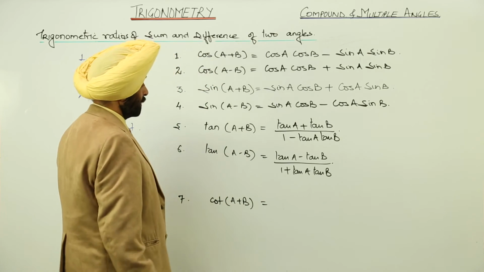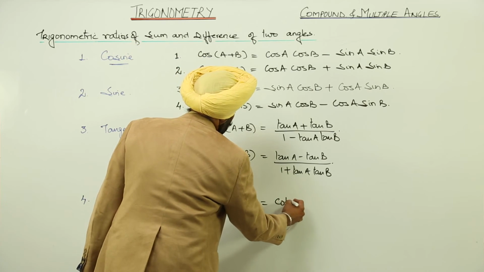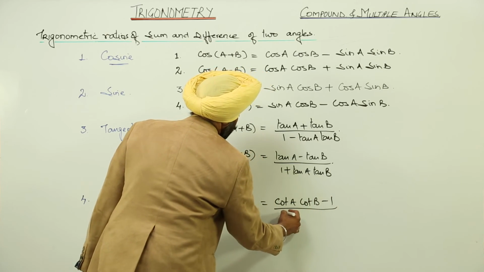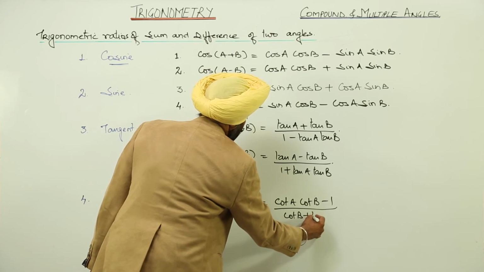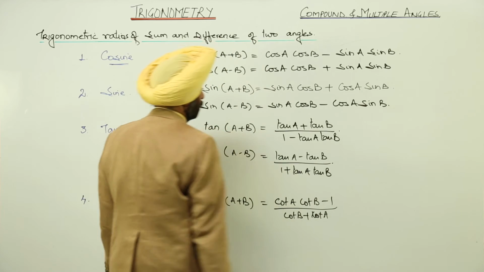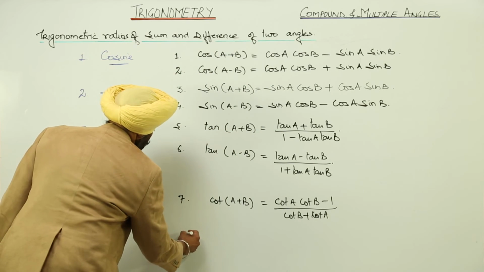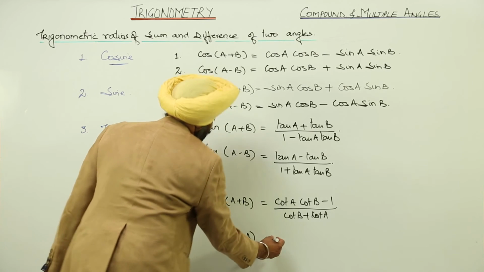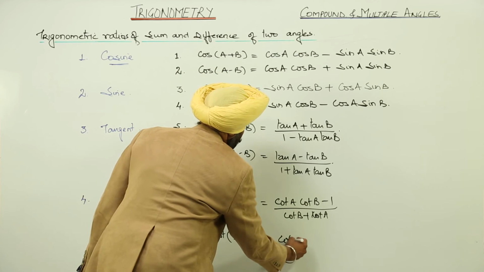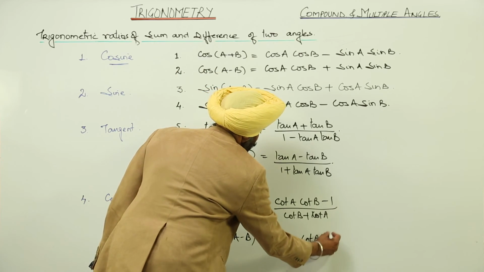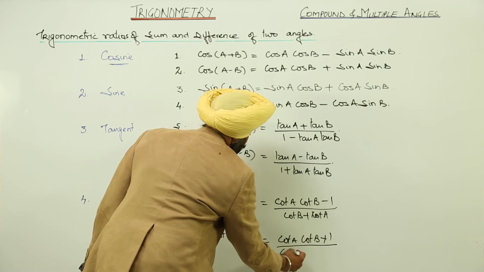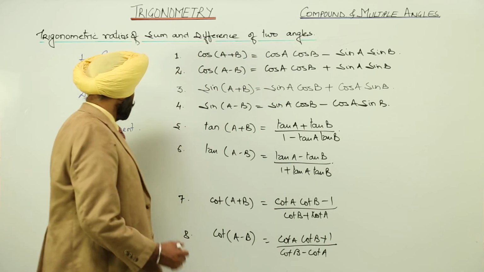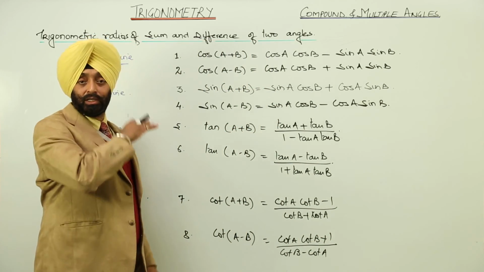We are writing cot A plus B, it is cot A cot B negative of 1 upon cot B plus cot A, and difference of the angles, cot A cot B plus 1 upon cot B minus cot A. So these are the 8 formulas under 4 topics.